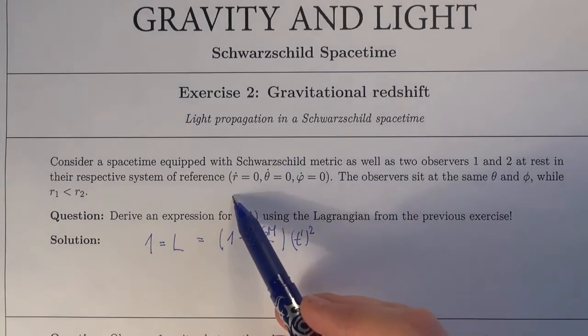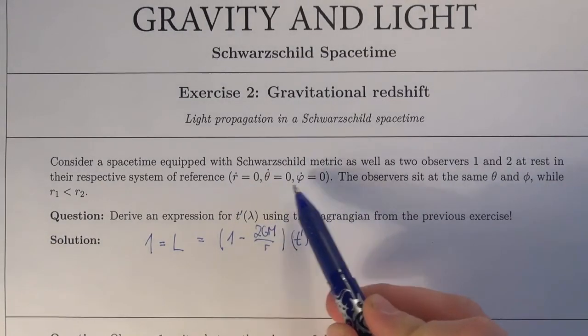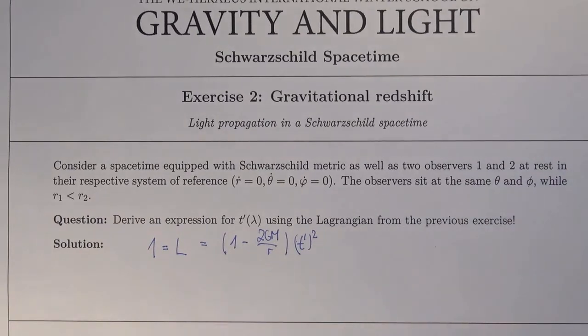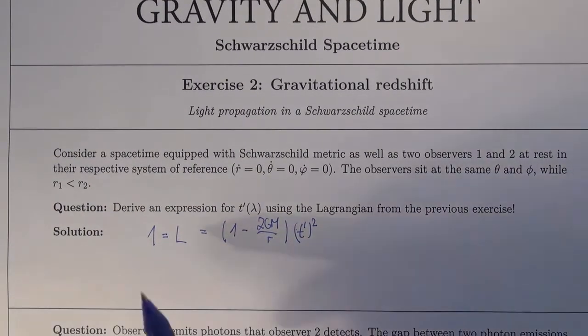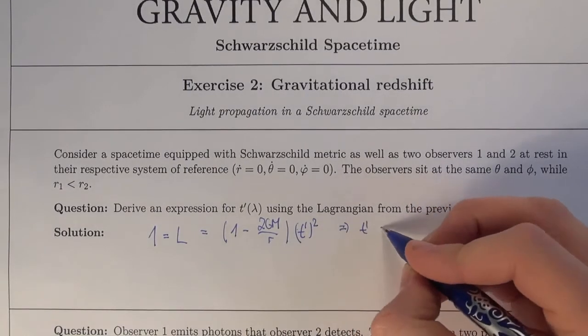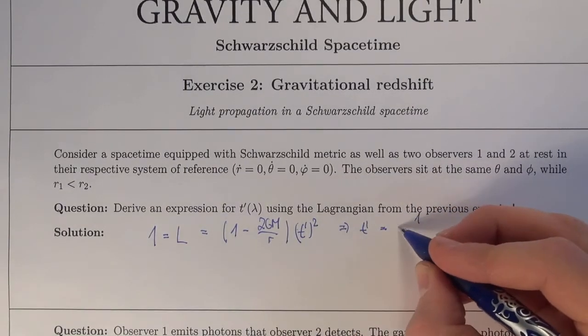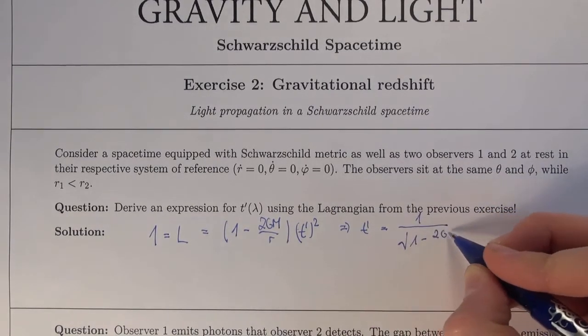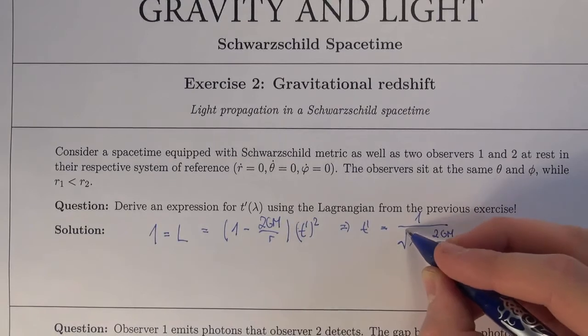However, since the observers don't move, these terms get kicked out. So this is indeed the whole expression we need to look at here, and this means that t prime is equal to 1 over the square root of 1 minus 2gm divided by r.